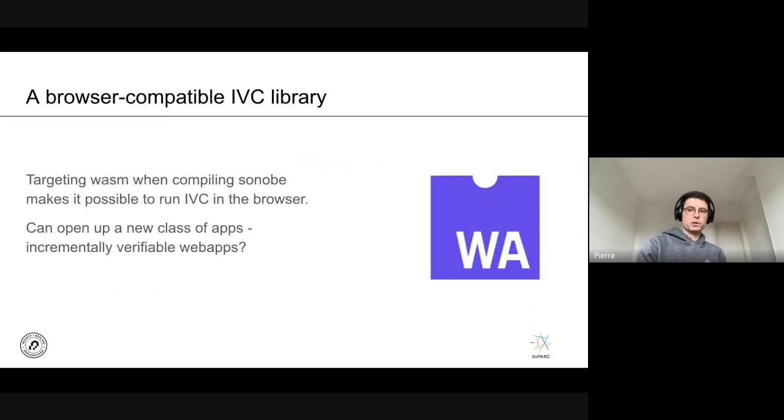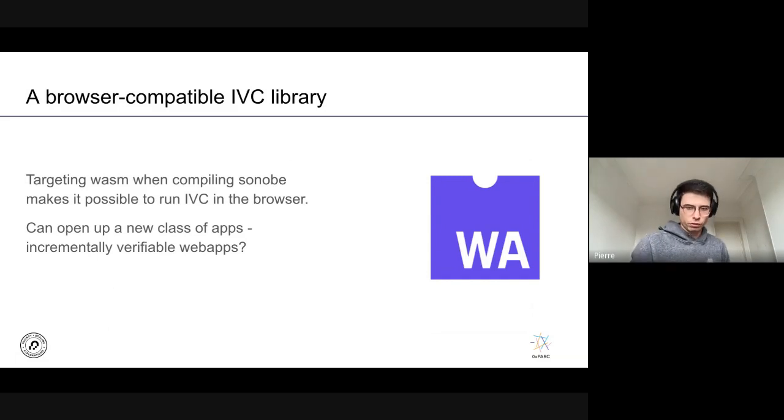It's also browser compatible. We did a bit of work on it, but did not have time to really complete it. But we actually have a working proof of concept of compiling Sonobe to WASM and running IVC in the browser. So this is something possible to do, and I have some example code to do it.